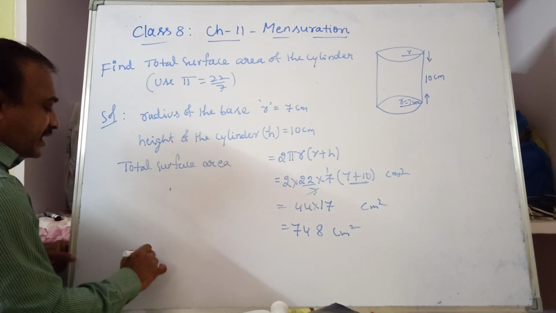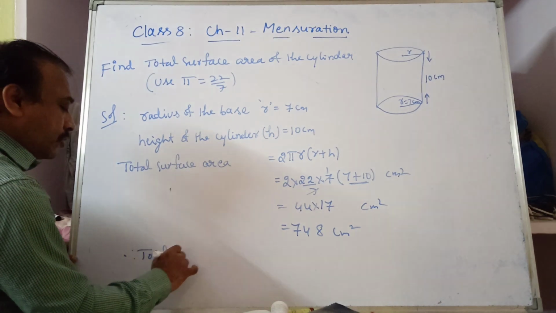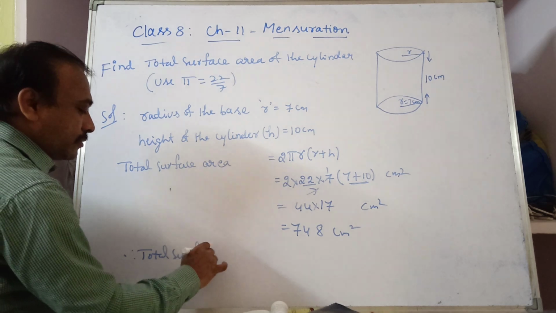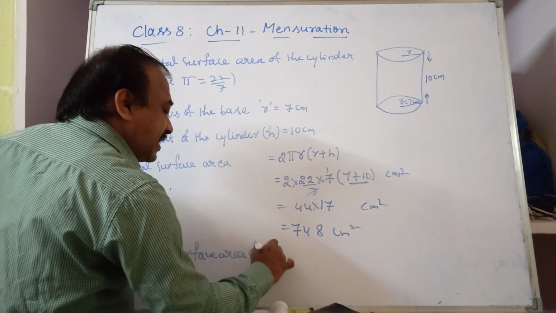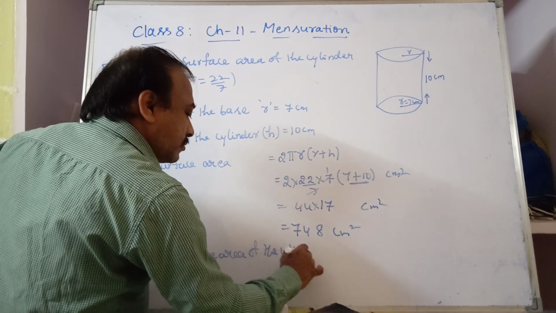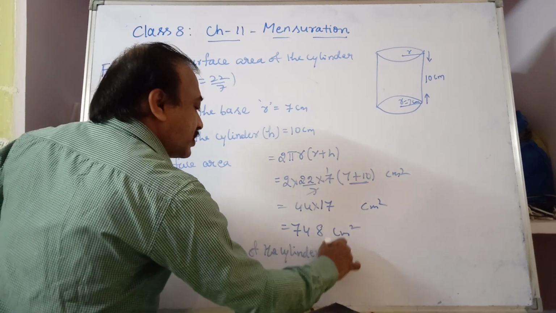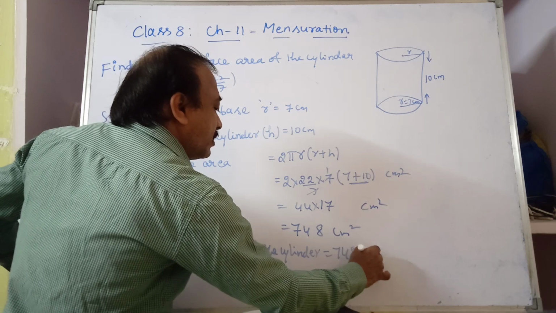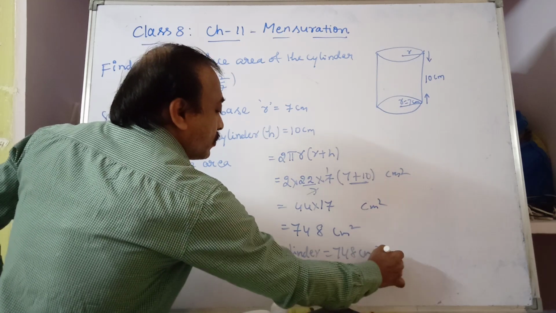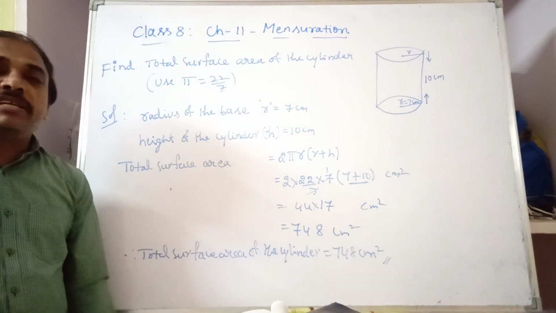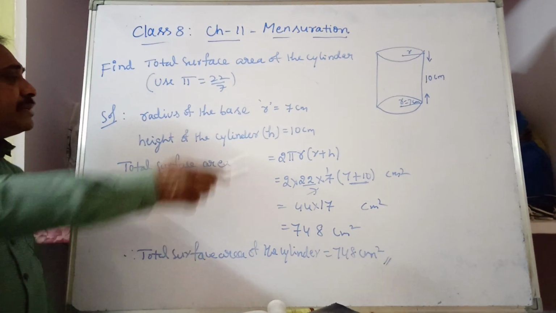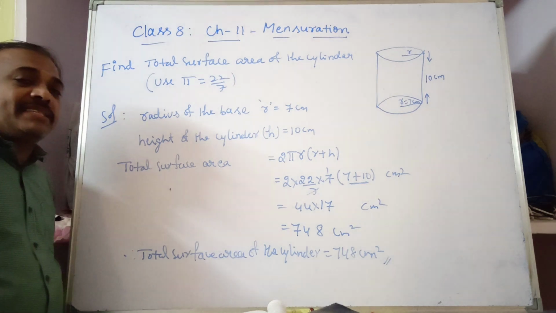Therefore, total surface area of the cylinder is equals to 748 centimeter square. Is it clear, students? 748 centimeter square. So the formula is 2 pi r into (r plus h).